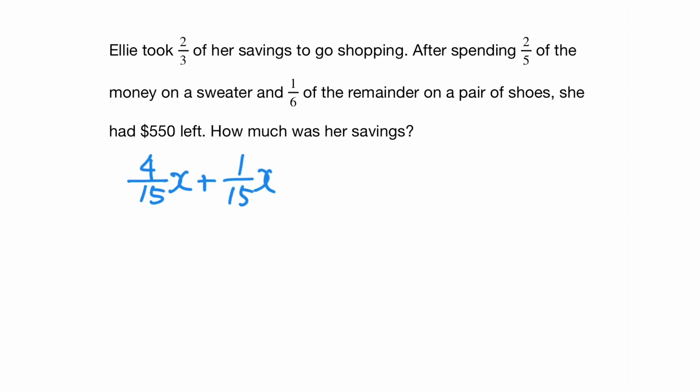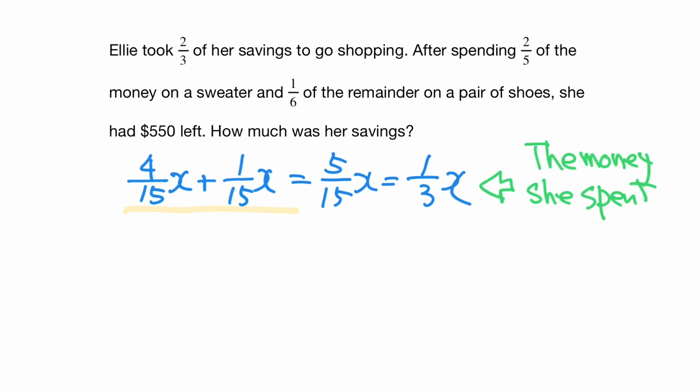So 4 over 15 x plus 1 over 15 x, what is it? 5 over 15 x, that is 1 over 3 x. This is the money she spent. Her savings is x dollars.